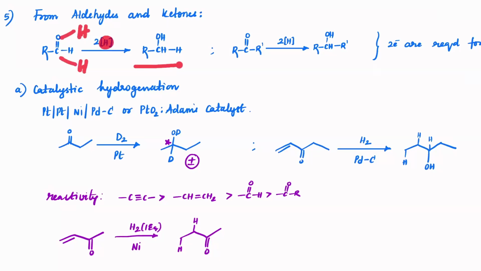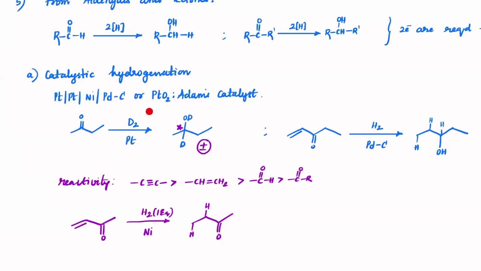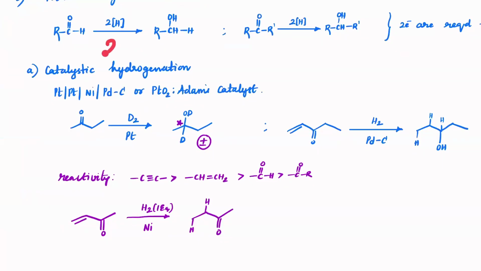That's how you get alcohol. Same goes with ketones. And you know that every nascent hydrogen is equivalent to one electron. Therefore, two electrons are required for reduction to happen. Hence, you can see here two electrons are used, here two electrons are used.